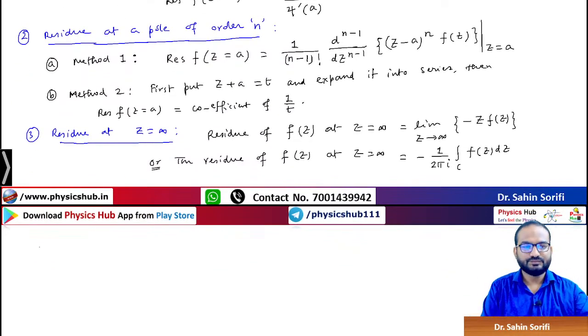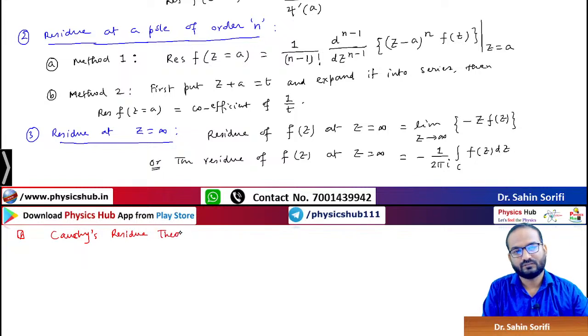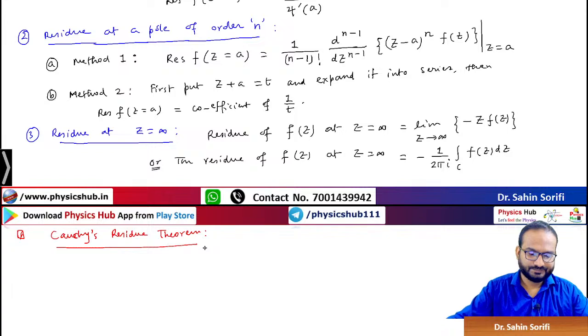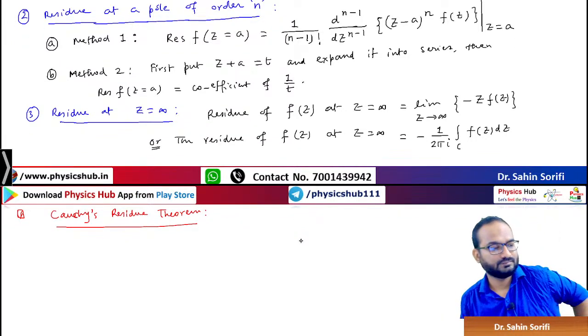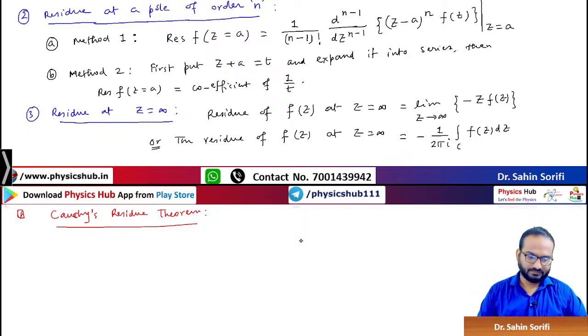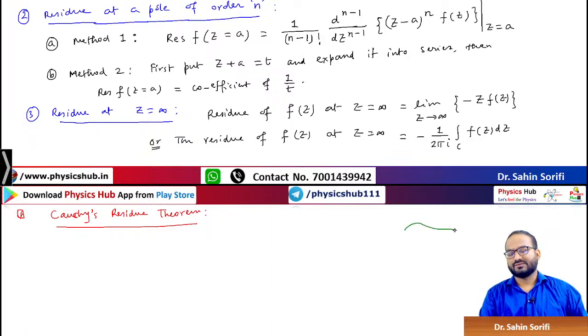Let's explore this more. You can give the heading Cauchy's residue theorem. Let's say we have a simple closed curve. So I am taking a general closed curve. It may be a circle, it may be a rectangle or anything.